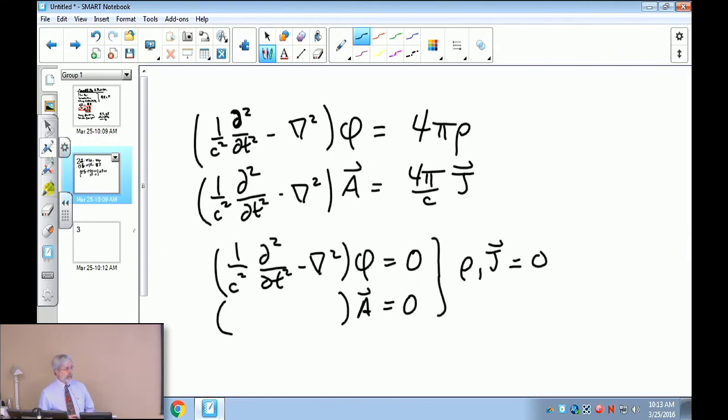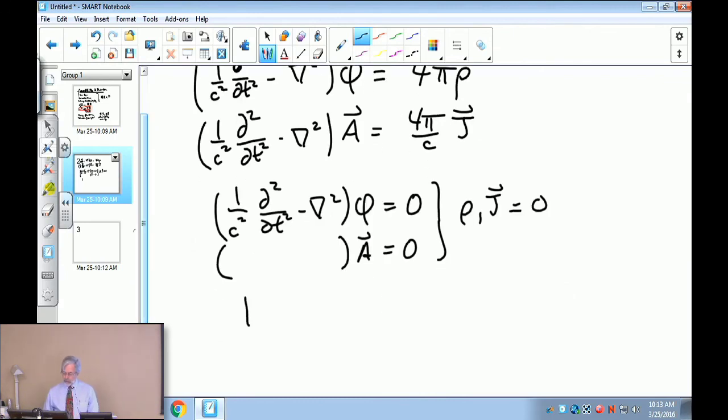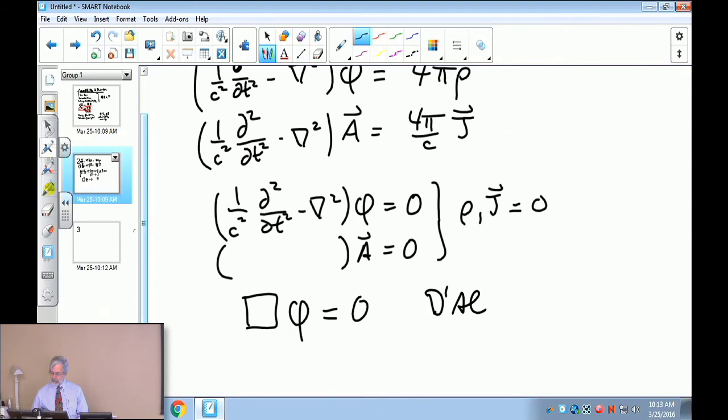phi and A satisfy this dynamical equation, and that occurs so often we use a symbol, a square, to represent that operator. It's called the D'Alembertian. The D'Alembertian is that combination of second time derivative and the Laplacian.